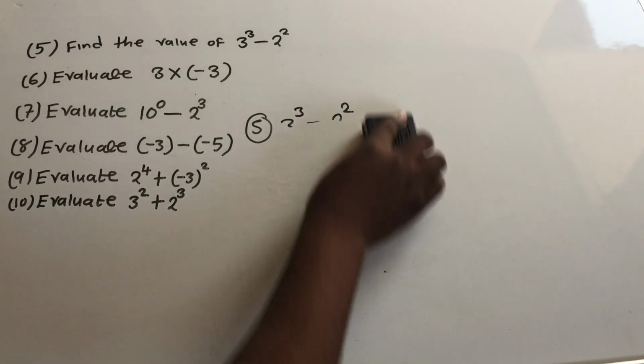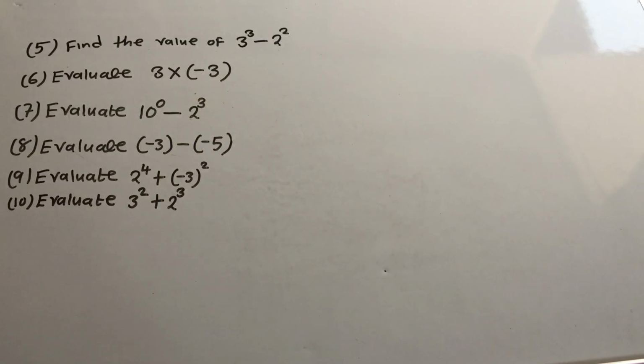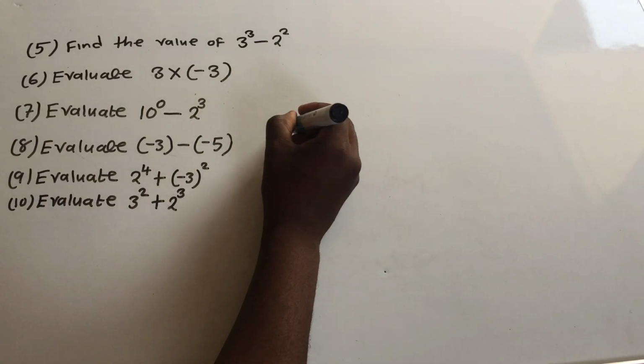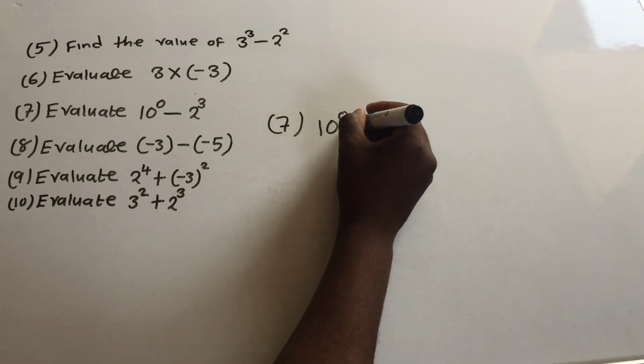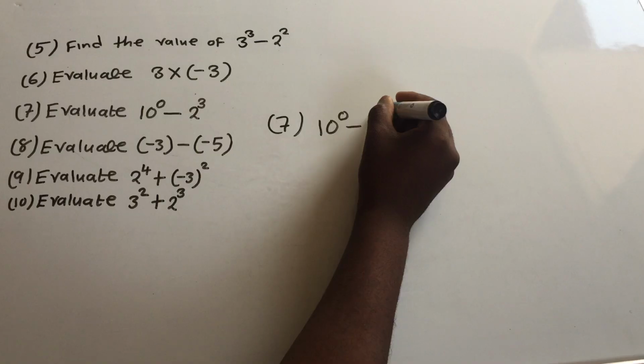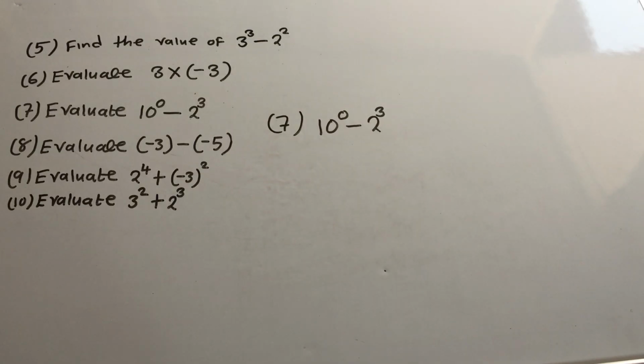We come to question 7. Question 7 says 10 to the power 0 minus 2 to the power 3. The question says evaluate. The rule of indices says that any number raised to power 0, your answer is always 1.